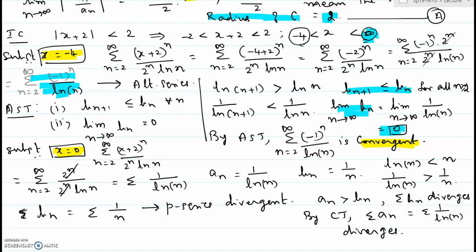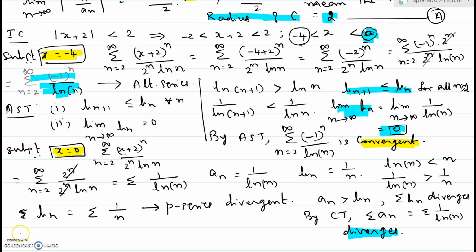What we have proved just now is that at x equal to 0, the series is divergent. At the endpoint negative 4, which we proved initially, the series is convergent by the alternating series test.